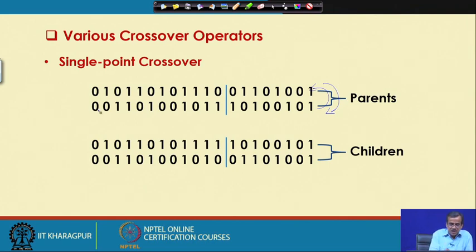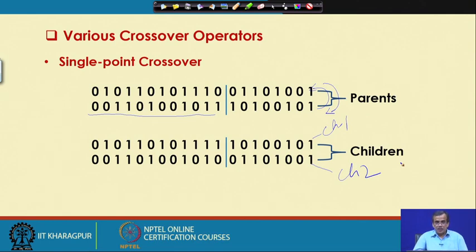But the left hand side of the crossover site will remain the same. So, there will be no change. If you follow this principle, then from the two parents Pr 1 and Pr 2, I will be getting two children. This is your child 1, and this will be your child 2.